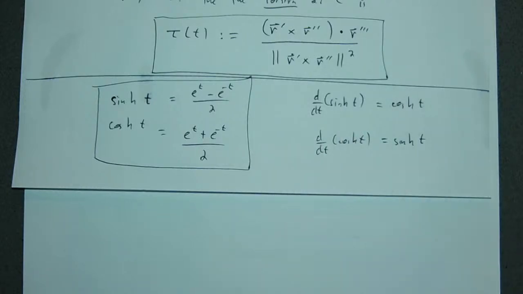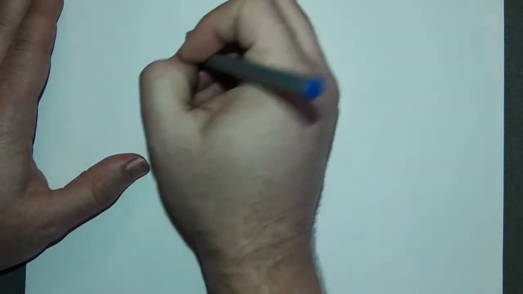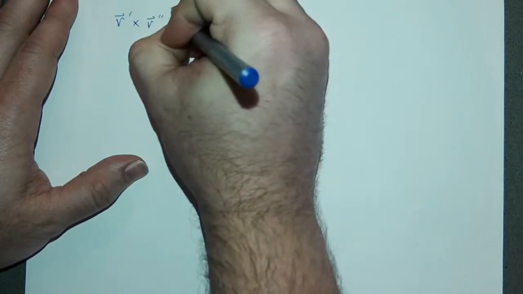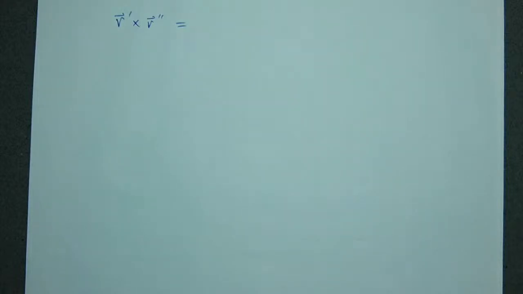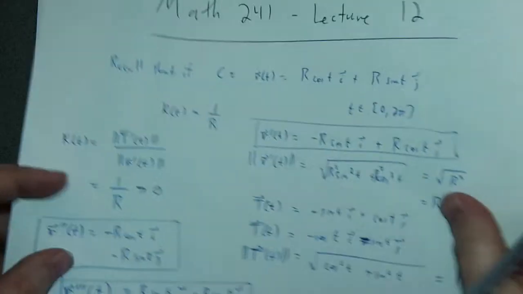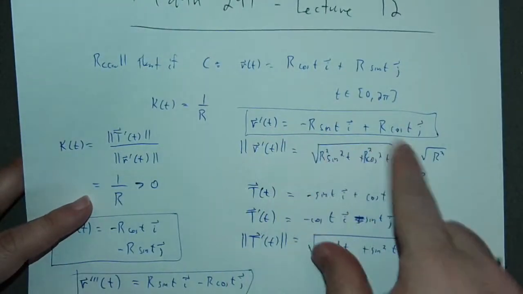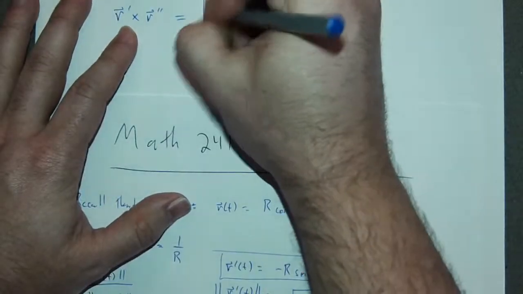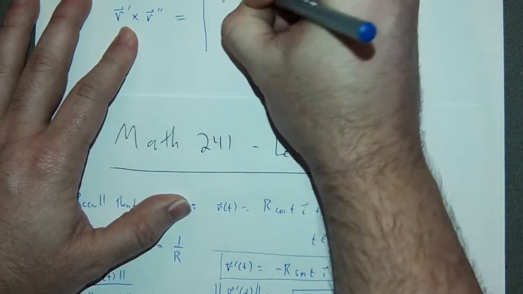Length and squaring the length give me an excuse to do all these things as practice. So what is r prime cross r double prime? Just to remind you, here's r prime, and here is r double prime. Let's write our normal cross product.